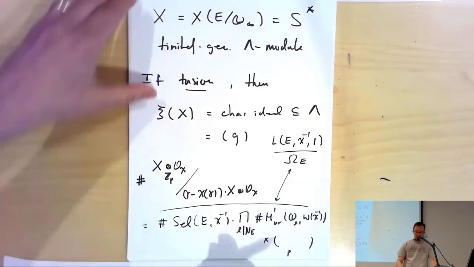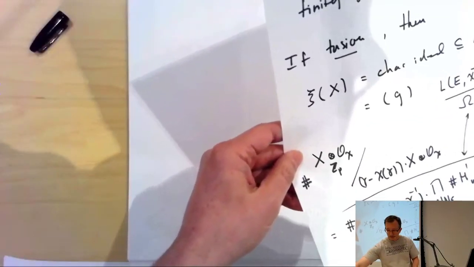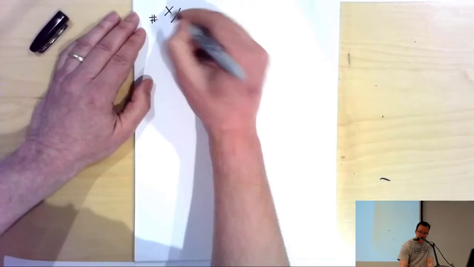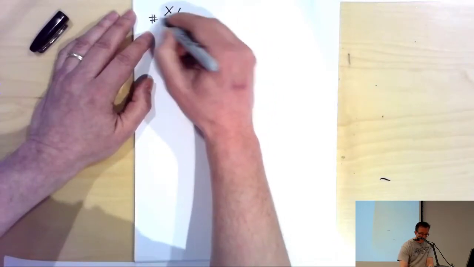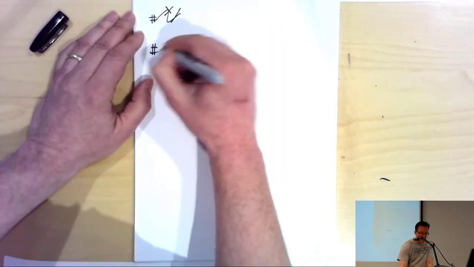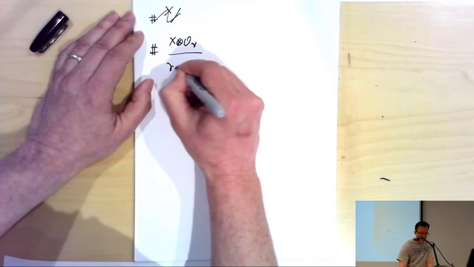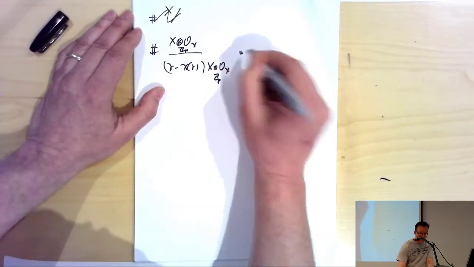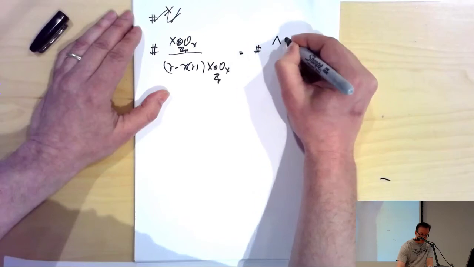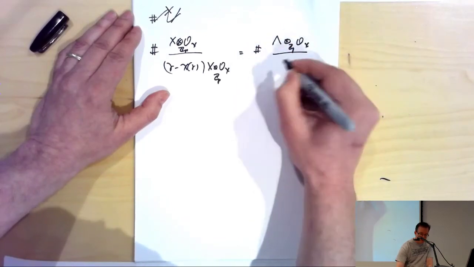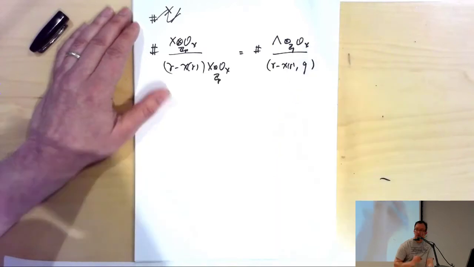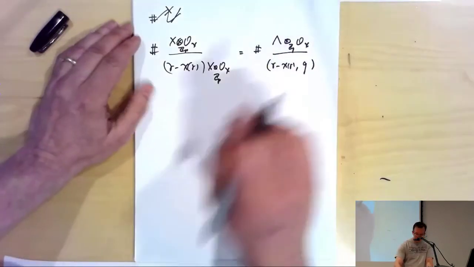At the same time, Iwasawa theory tells us that the order of X tensor O chi modulo gamma minus chi of gamma, tensoring over Zp of course, is also given as the order of Lambda, extending scalars up to O chi, modulo gamma minus chi of gamma and the generator of our characteristic ideal.